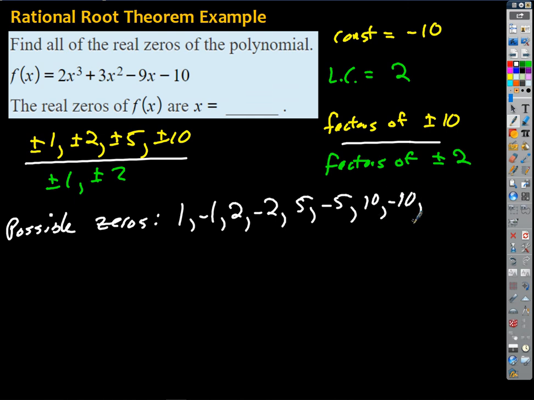Now we could also divide everything by 2. So we'd get 1/2, minus 1/2. 2 halves and minus 2 halves are already on there, right? I could do 5 halves, minus 5 halves, or 10 halves and minus 10 halves, but that's already on there, right? So that's my comprehensive list.